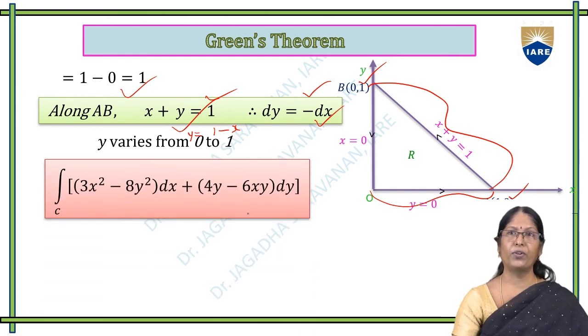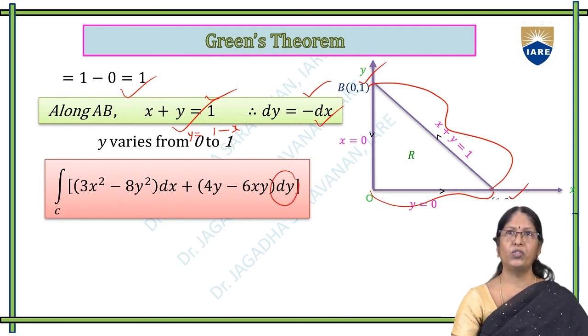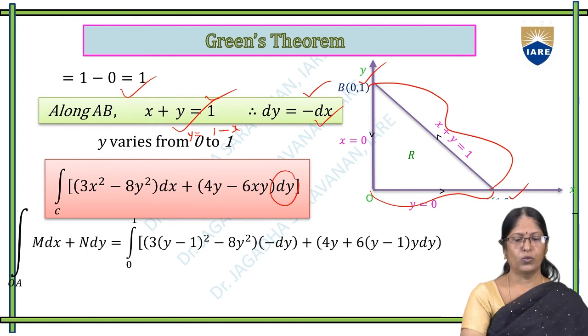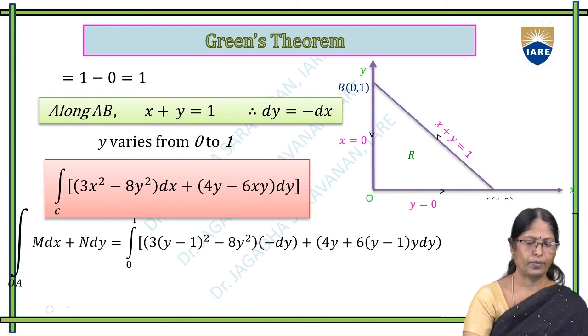This is our equation. Now we will substitute: our dx will be changed into minus dy, and in place of x we will substitute y minus 1. Now 0 to 1.